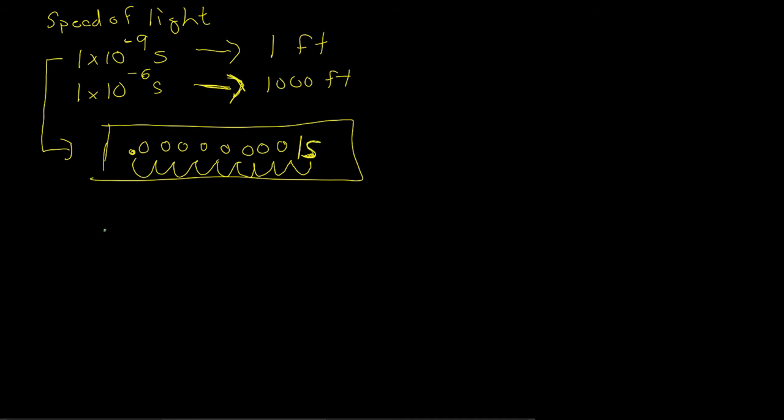So if I have 582 nanoseconds, which are billionths of a second, I would write 582, put my decimal place here, and move over the 10 to the -9th. So let me rewrite this in scientific notation. It's 582 times 10 to the -9th.